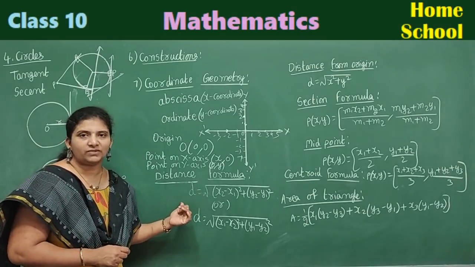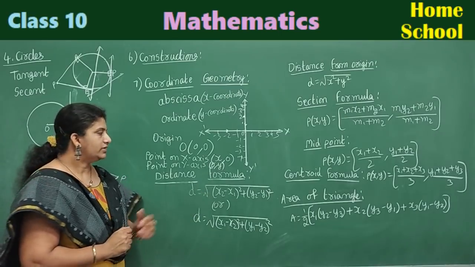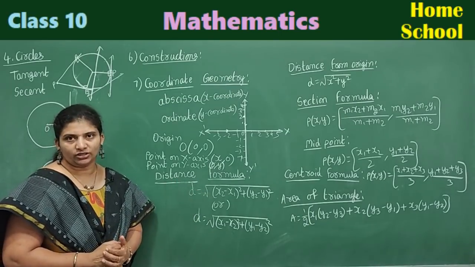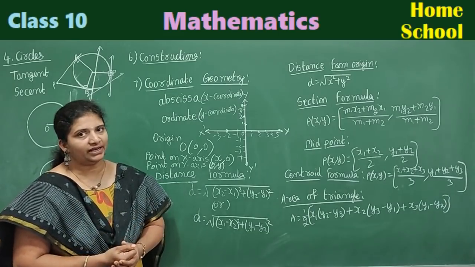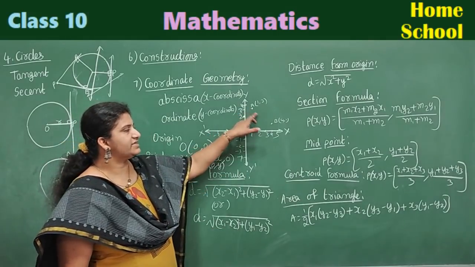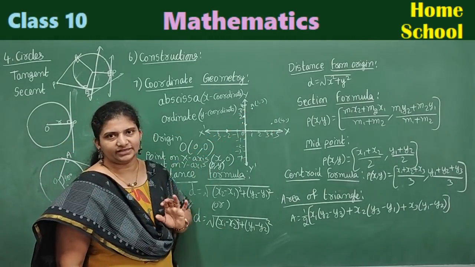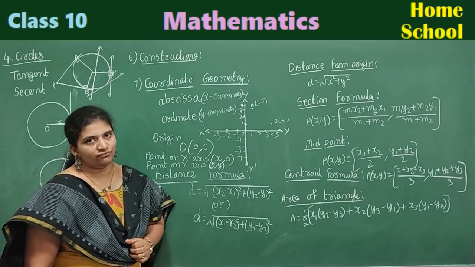Next, in this chapter, a very important formula is the distance formula. When I talk about the distance formula, it may be the distance between any 2 points in a Cartesian plane, A (1, 3) and B (4, 1). What is the distance between these two coordinates? So how can you find this distance? By using a formula.